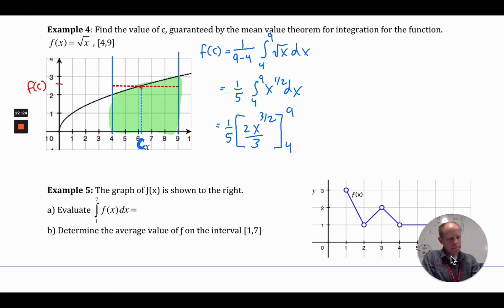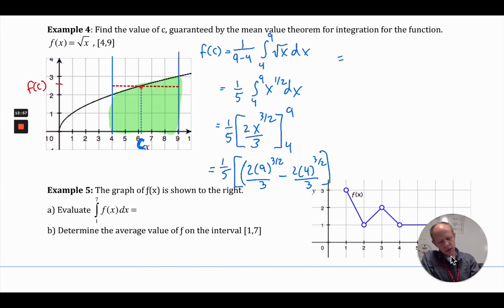Okay, so we have 1/5 times, we'll plug in 9 first, so 2 times 9 to the 3/2 over 3. And then we're going to plug in 4, and we're going to subtract, so minus 2 times 4 to the 3/2 over 3. Okay, and we'll calculate this. I think it turns out to be 38/3.